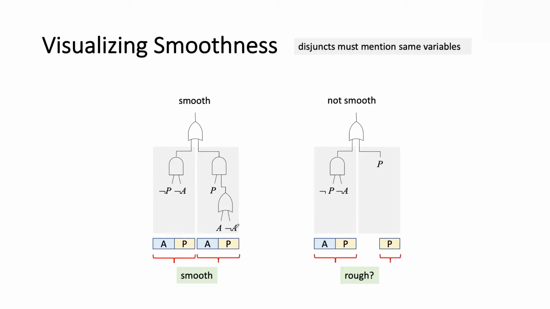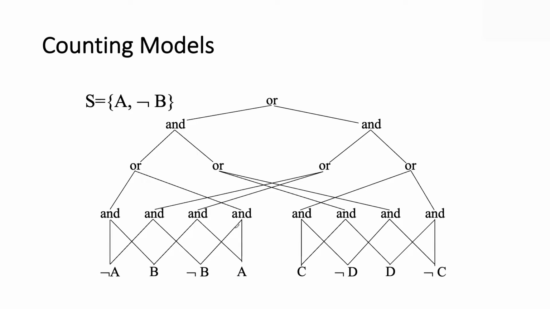Let's move on. What I want to show you is you can do even more sophisticated types of counting. Now, I want to do what I call marginal counts. So it's not just counting how many models a formula has, but I want to count how many models satisfy a certain property. So I want to know how many models set A to true and set B to false.